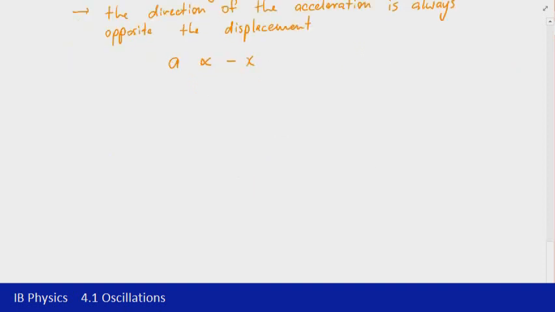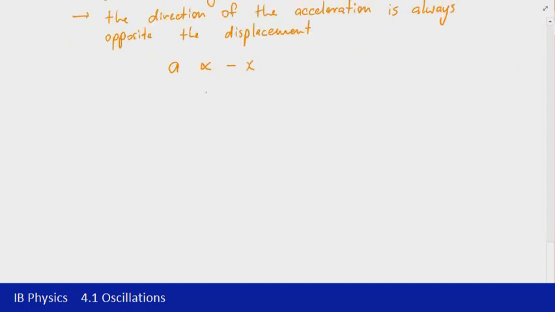Now, if we were to graph that relationship, pretty straightforward. We'll graph x, the displacement, on the horizontal axis and a on the vertical axis. As the displacement increases in the positive direction, the acceleration is going to increase in magnitude, but it'll be negative, and so we'll see this line coming down this way at a constant gradient.